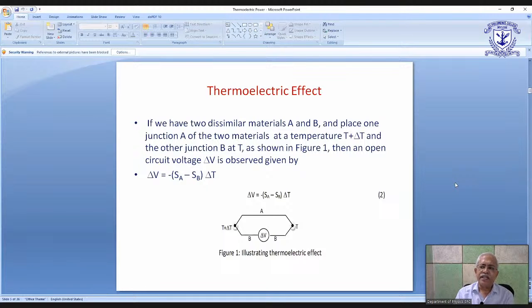So that is why we say that the Seebeck coefficient can be determined with reference to the Seebeck coefficient of a standard material. So in conventional thermocouples, platinum is chosen as a standard material, and Seebeck coefficients of other materials are determined with reference to the Seebeck coefficient of platinum.